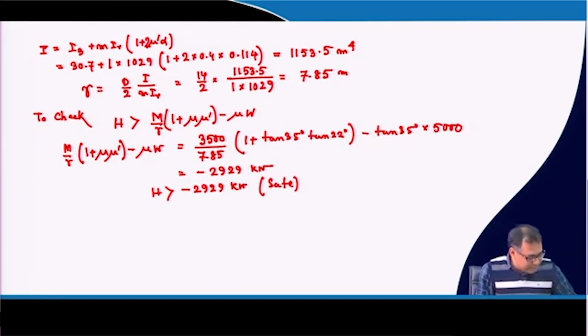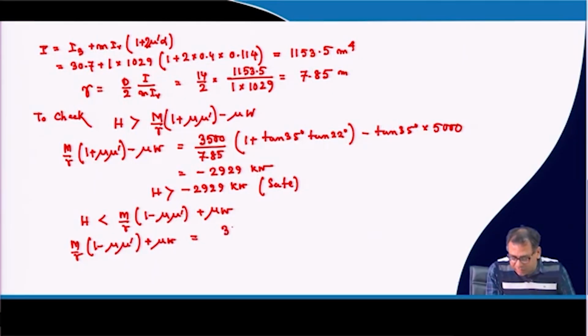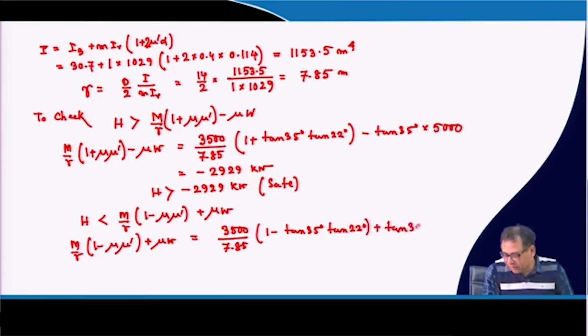So, now I will do the second check. That check is: H should be less than M by r (1 − mu dash) + mu W. So, if I take M by r (1 − mu dash) + mu W, that is equal to 3500, r is 7.85, then 1 minus tan 22 degree, plus tan 35 degree, then into 5000.